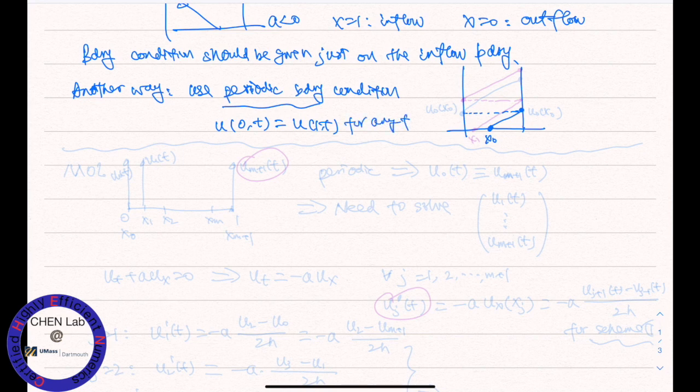In particular, this value will be u0 of x0. This value is transported to the right boundary, and it's the same as this one on the left boundary. This is also u0 of x0. And then, of course, let's draw a parallel line. This is also transported there.